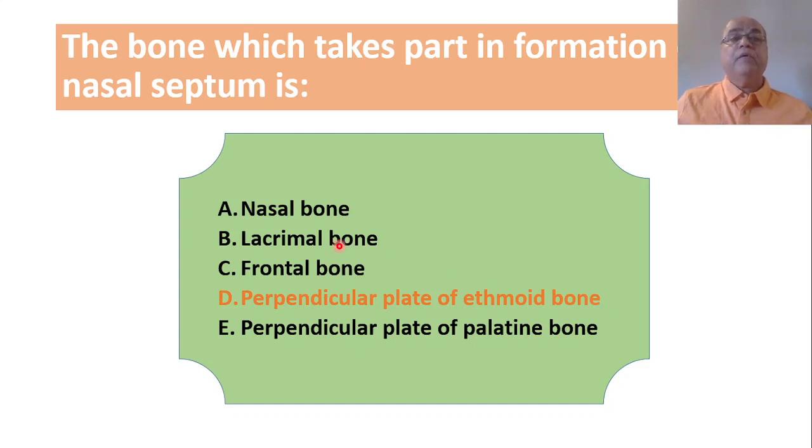While lacrimal bone and the perpendicular plate of the palatine bone are not included in the framework of the nasal septum, but the rest of the three bones are there, but for the main contribution, the most appropriate answer for this question will be perpendicular plate of the ethmoid bone.